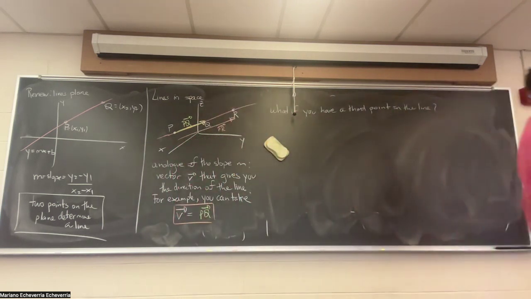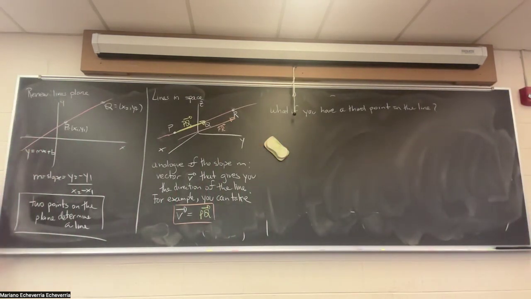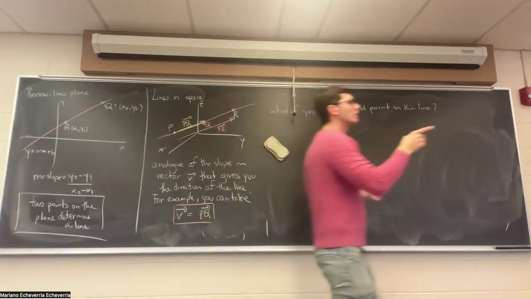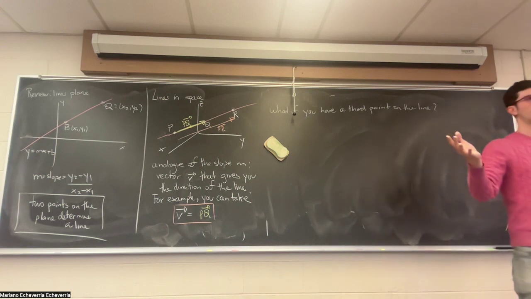Okay, so if you have a third point on the line, you have these 2 directions, the yellow one and the orange one, but you would expect some relation between those 2 vectors. So what can you say about those 2 vectors? They're parallel. That means that one vector has to be a multiple of the other vector.